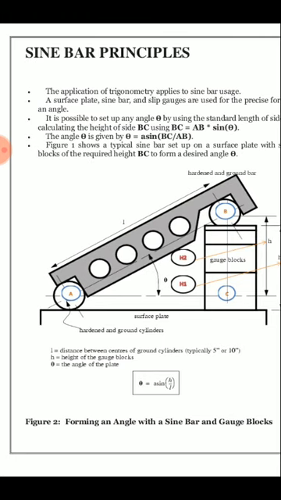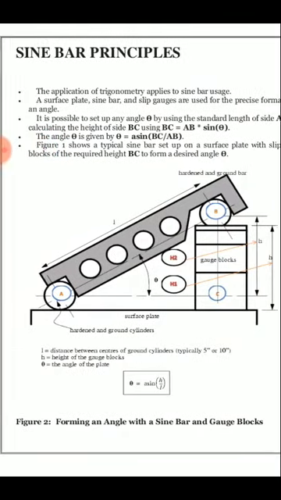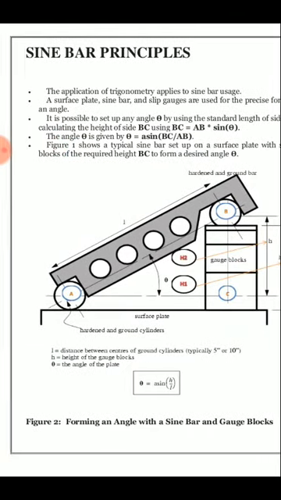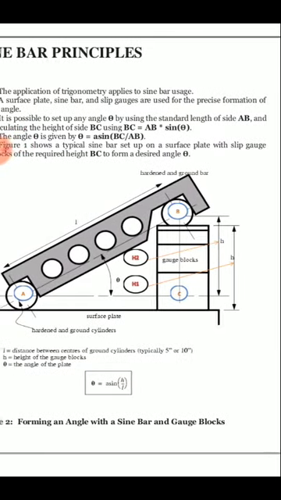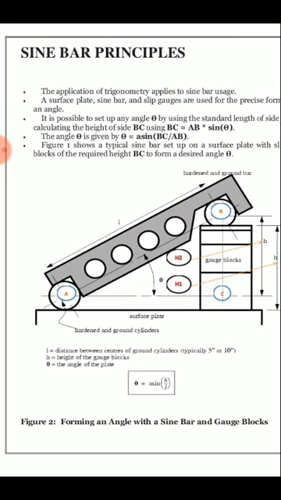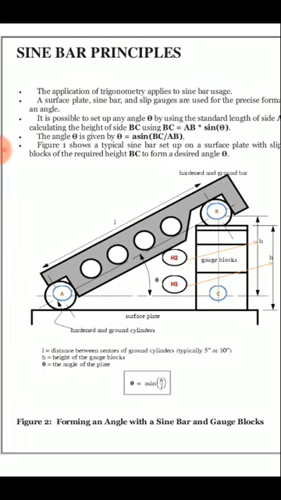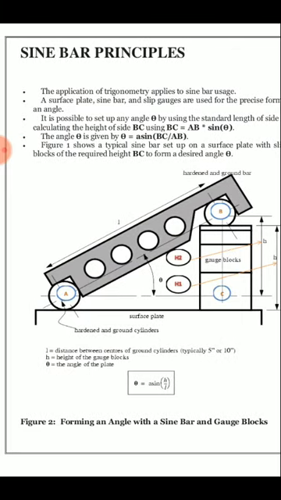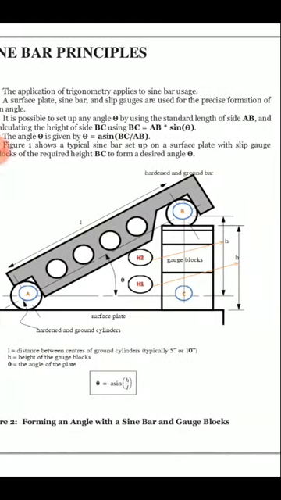The angle theta is given by theta equals arcsine of BC over AB, as shown in the figure. Figure 1 shows a typical sine bar set up on a surface plate with the slip gauge blocks of required height BC to form a desired angle theta. Show the figure of the sine bar forming an angle with the sine bar and gauge block.